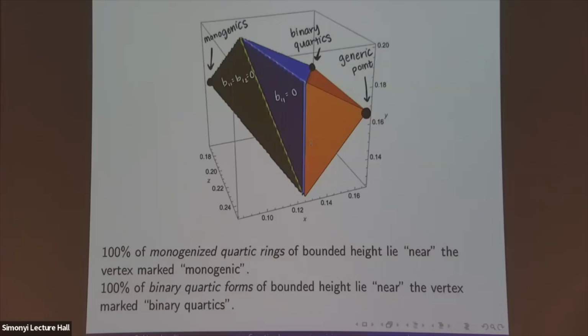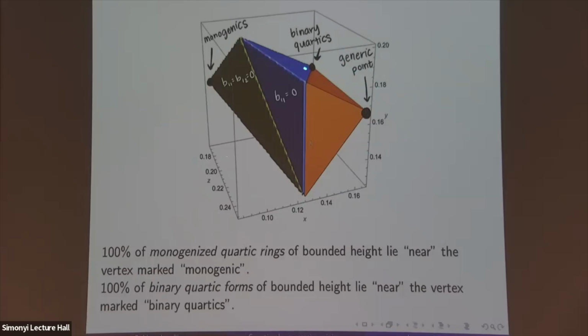It's probably going to be roughly the same size. And that's why if you look at the generic point and the binary quartic point, we haven't changed in the P1 axis or the P2 axis. We've only changed in the Q1 axis. And that's because the cubic resolvent ring of a quartic ring arising from a binary quartic form will be monogenic, and therefore, on average, will be more skewed. So that's why binary quartics lie over here.